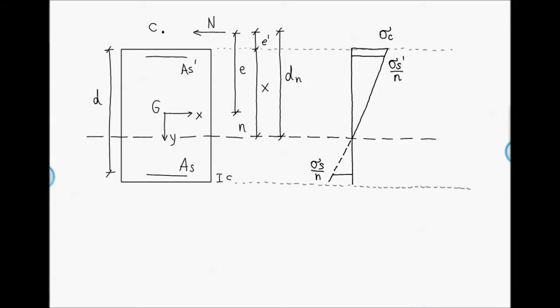So we consider an infinitesimal strip on our cross-section, let's say here, at distance y. So we can write the translational and the rotational equilibrium equations.